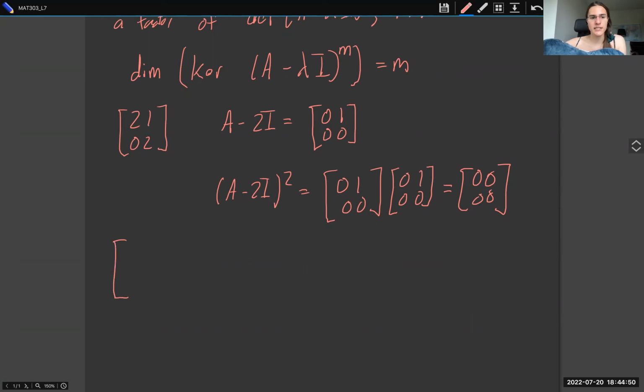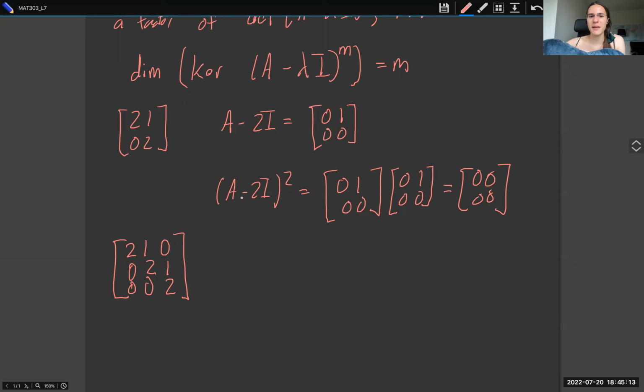Because let's say you consider something like the matrix with 2s on the diagonal and 1s above it. Then you can sort of believe me that this has an eigenvalue of 2 with multiplicity 3.